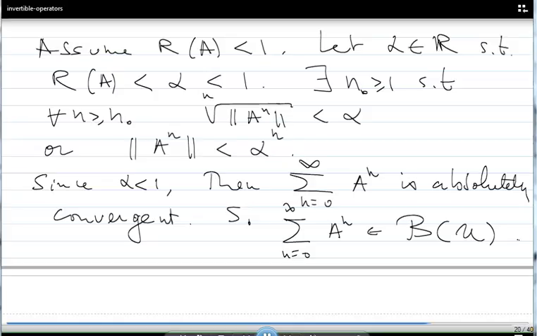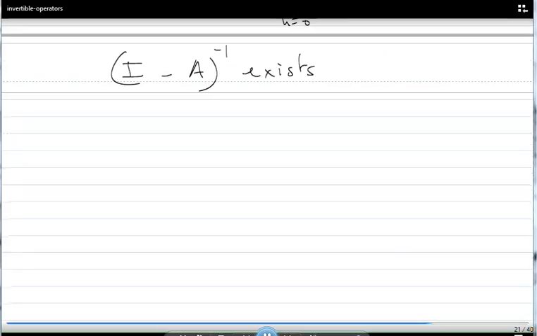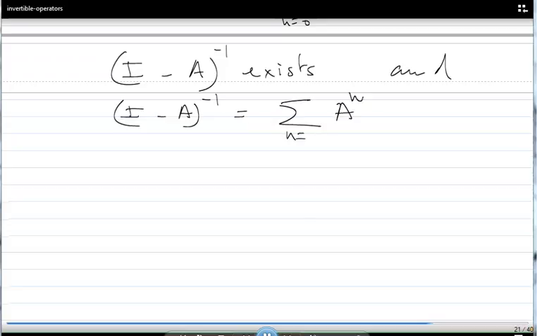The calculations before, we have done it. We can do it again, and we can show that this exists, and I minus A inverse is equal to the sum of a to the n from 0 to infinity. So this improves on the previous result when the norm of a is less than 1.